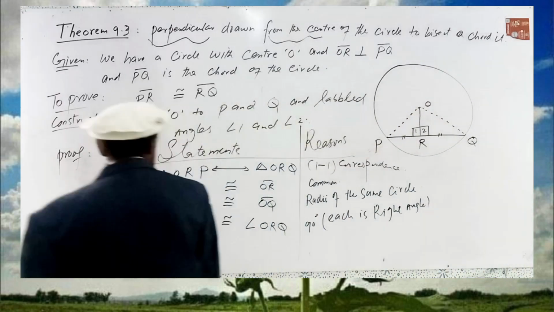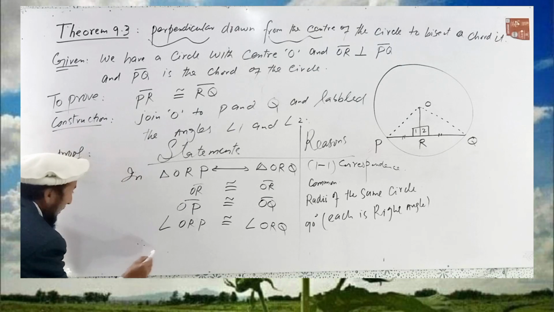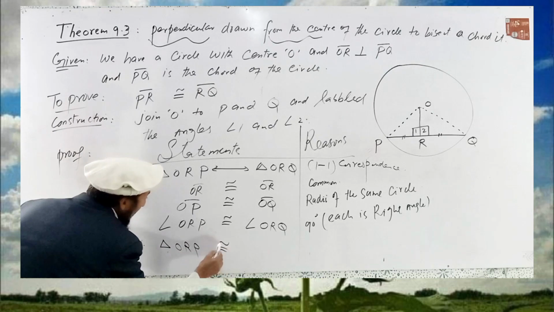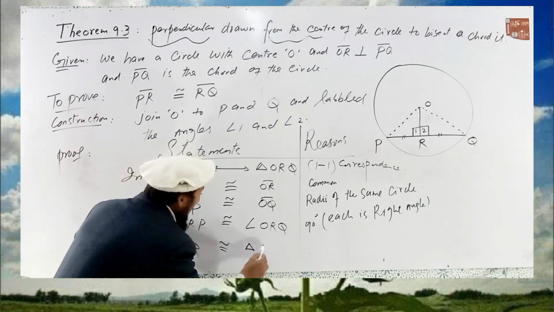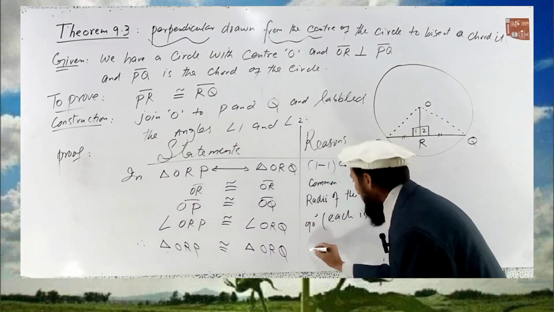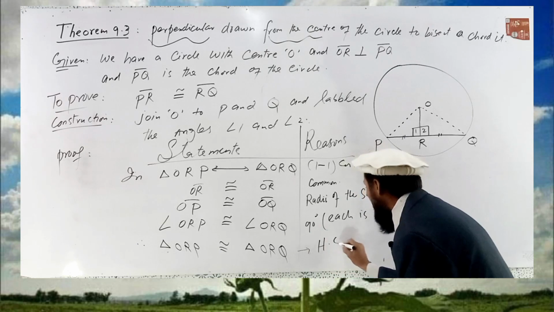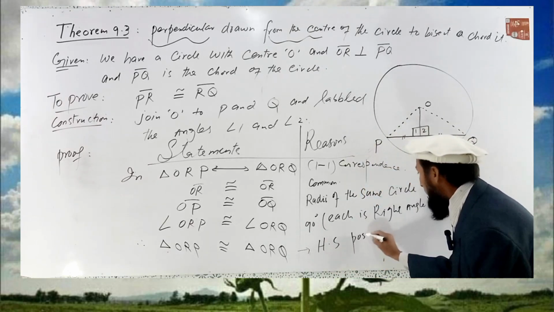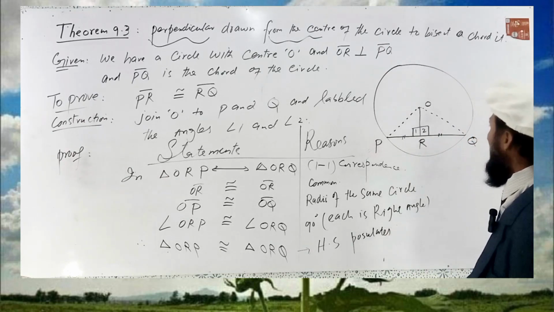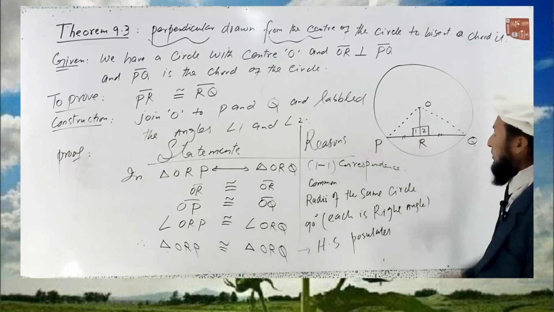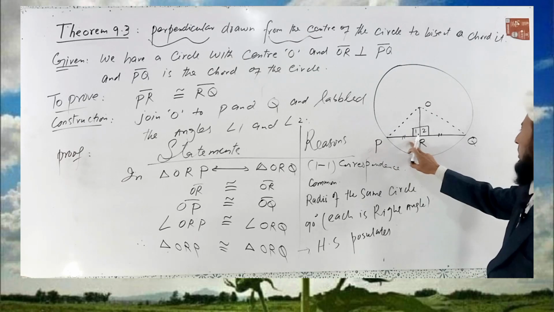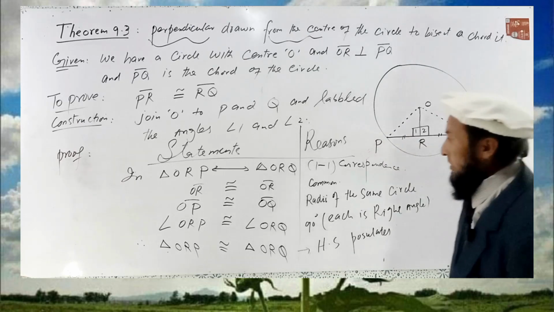So the above triangles are congruent by the hypotenuse-side postulate. So it means that angle 1 is congruent to angle 2 and PR is also congruent to QR.